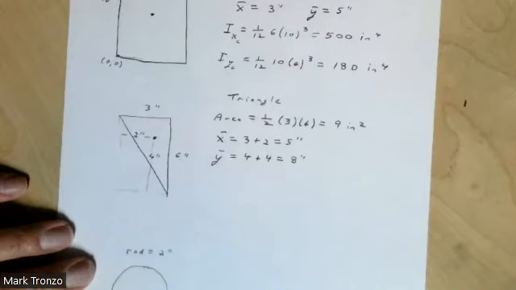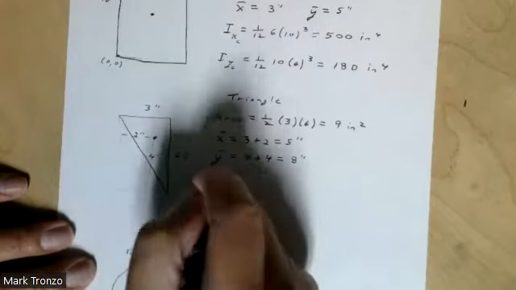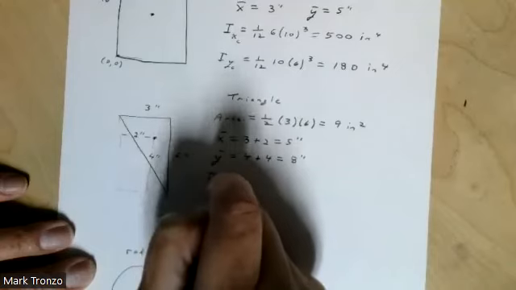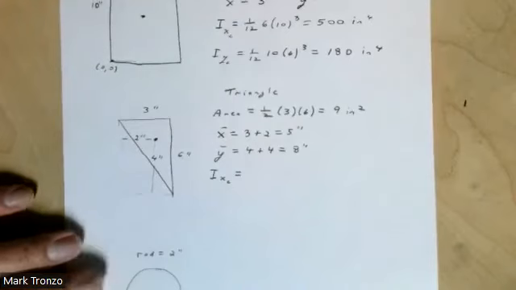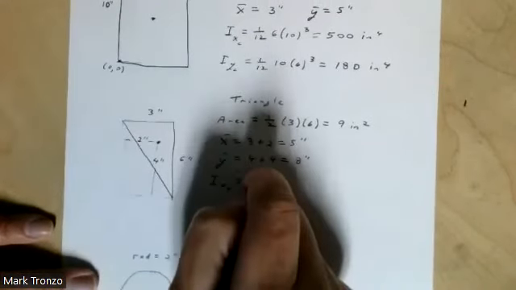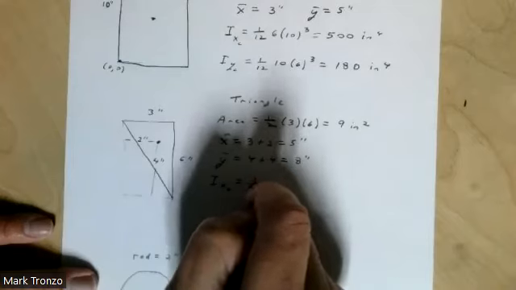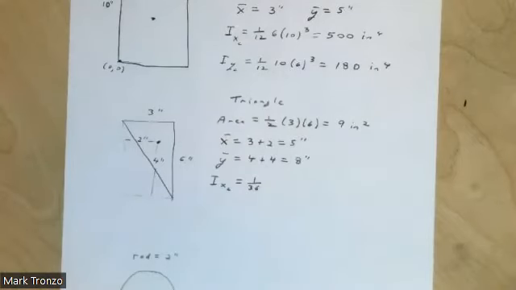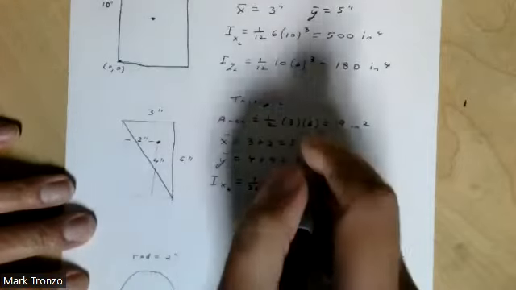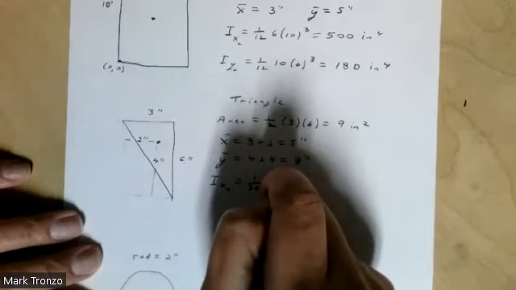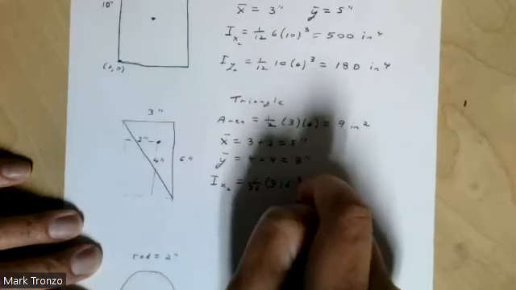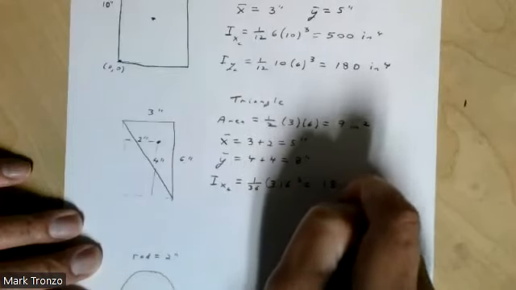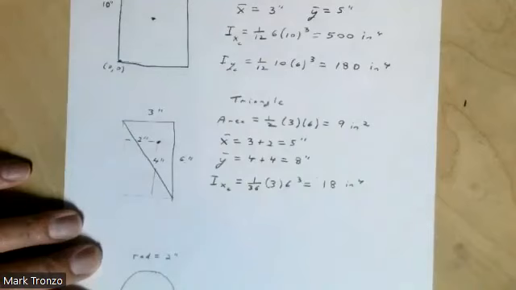Then if you look in our table in the back of the book, IXC is going to be 1/36 times our base times our height cubed. And that comes out to be 18 inches to the fourth.